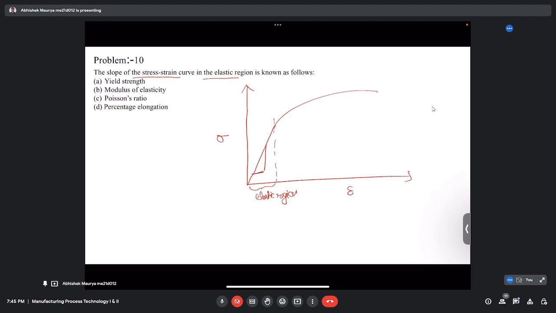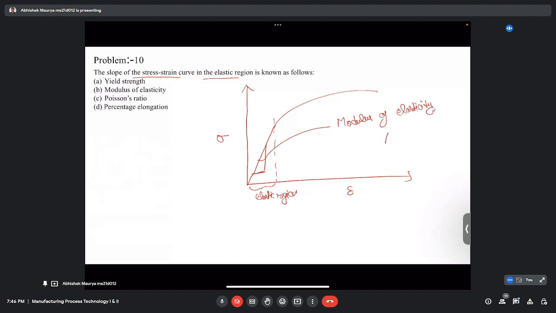The value of this slope is a material property, and the name of that property is modulus of elasticity, or Young's modulus.